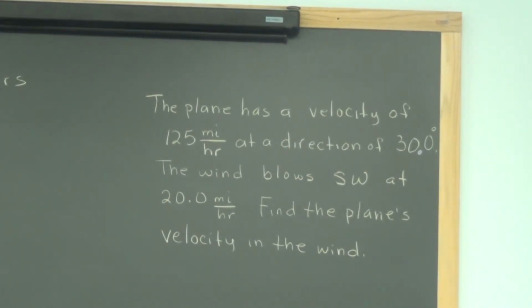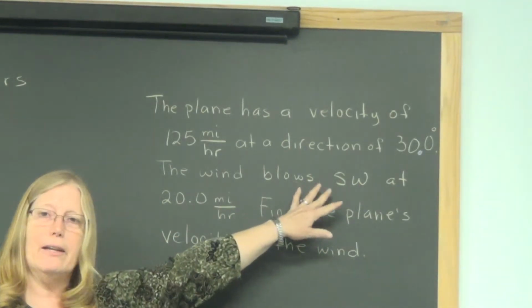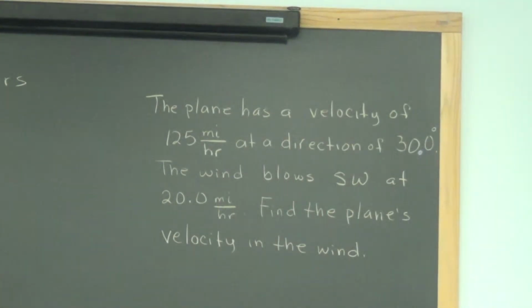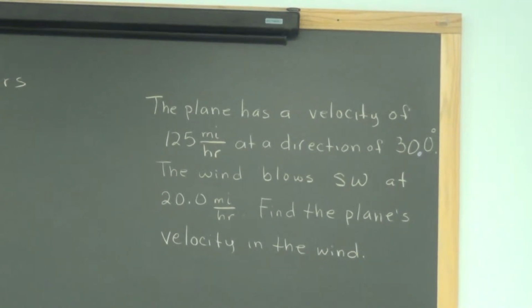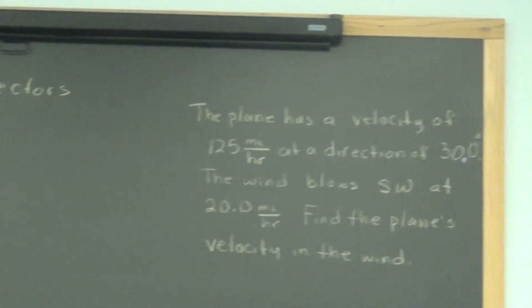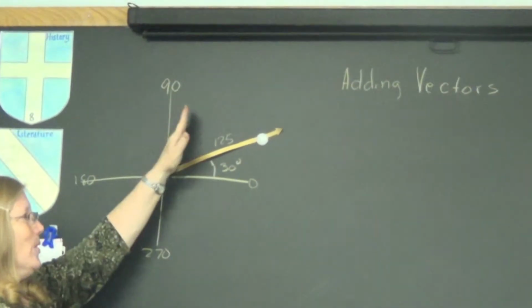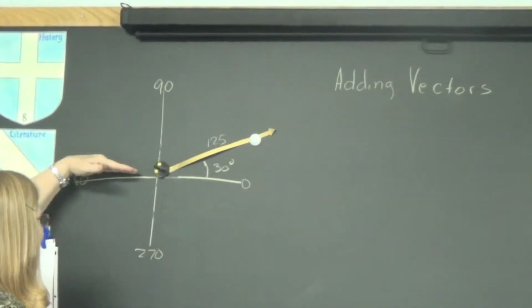long, not degrees, 125. Alright, so now we have to also draw a vector that is southwest. So we've got to come up with an angle for that. So what quadrant is southwest? North, east, south, and west.